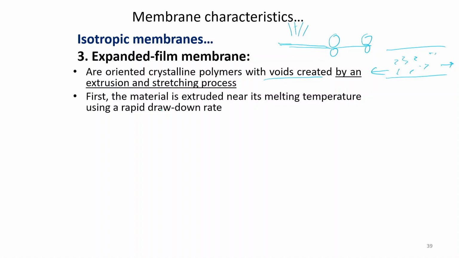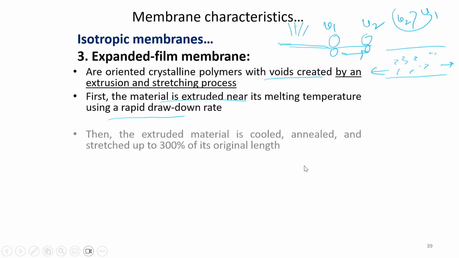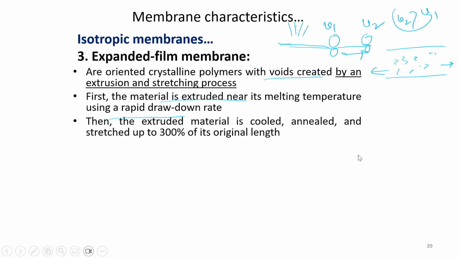First the material is extruded near its melting point temperature, and then it is rapidly drawn. Here V2 is more than V1, so this is stretched, rapidly drawn at a very high speed.